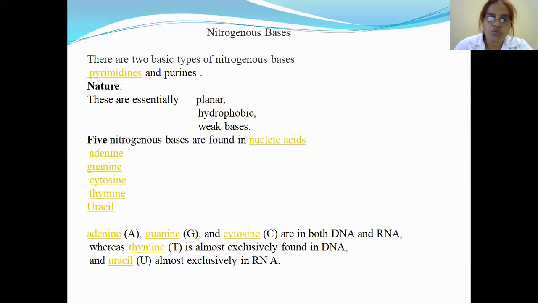Adenine and guanine are the same purines present in both, and cytosine is the pyrimidine present in both, but they differ at thymine and uracil. Thymine is present in the DNA, uracil is present in the RNA. So DNA contains adenine, guanine, cytosine and thymine, and RNA contains adenine, guanine, cytosine and uracil.